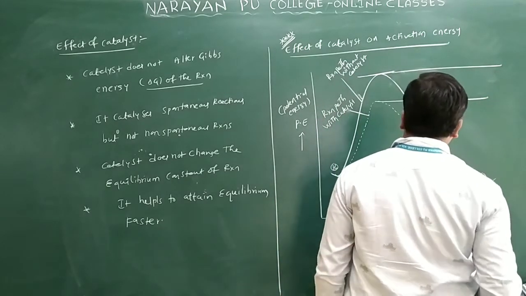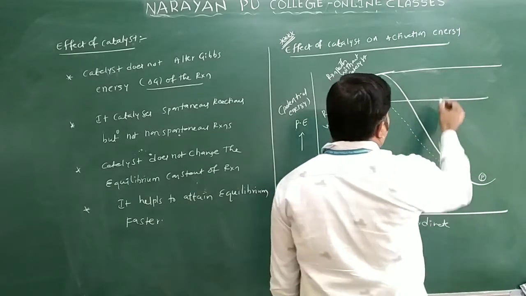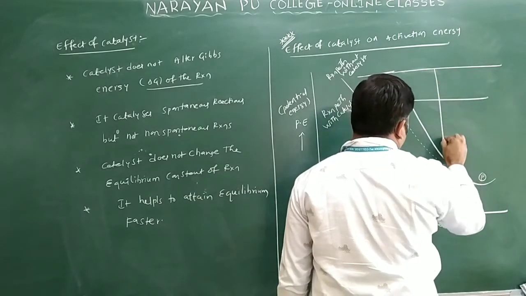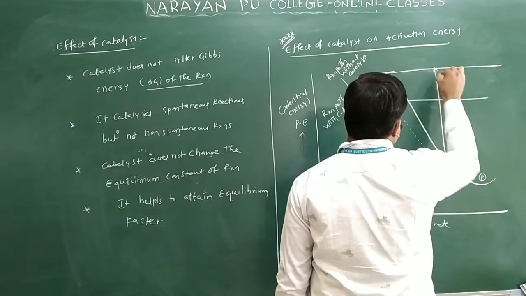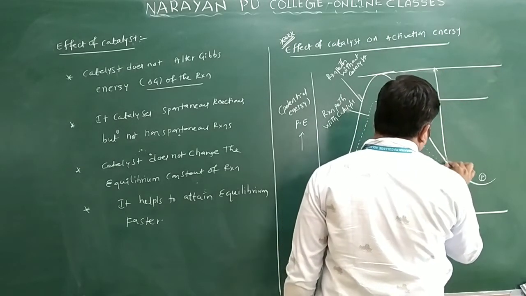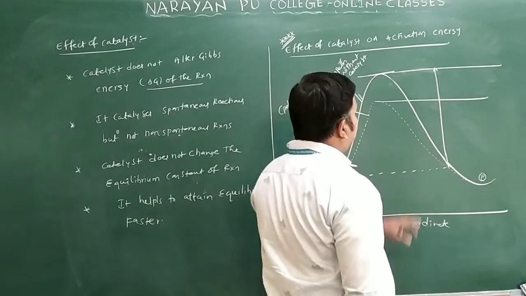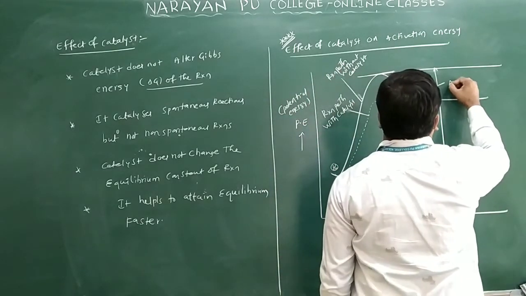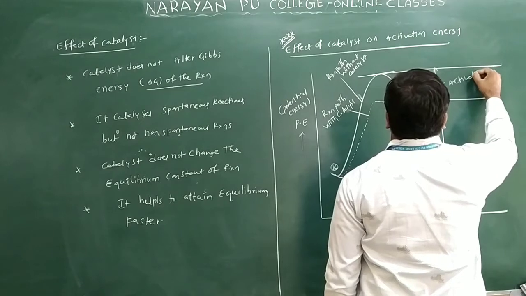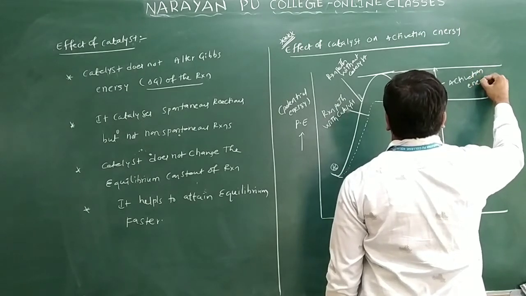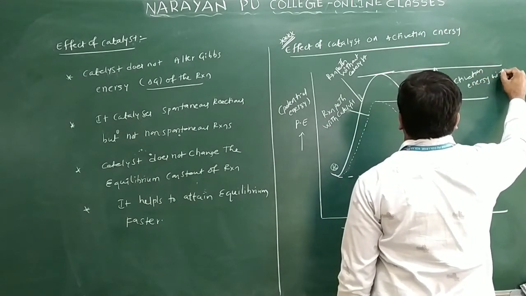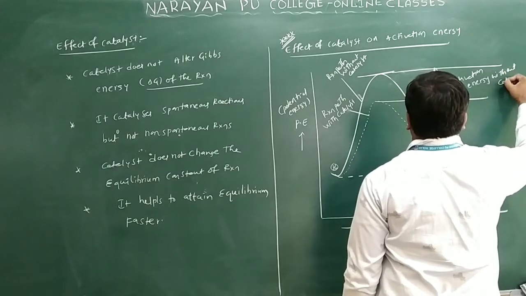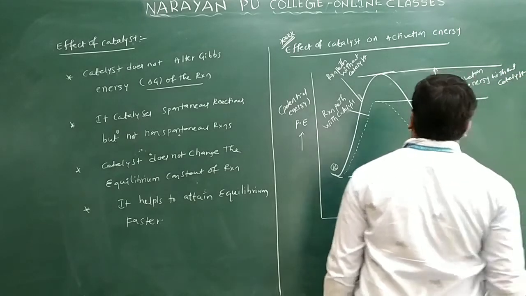Now we'll see that from here to here I want to take. What does this curve represent here? This is the activation energy without catalyst.